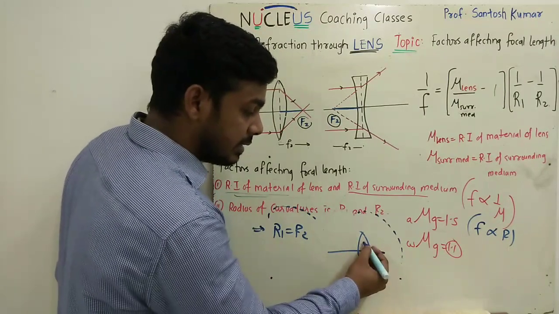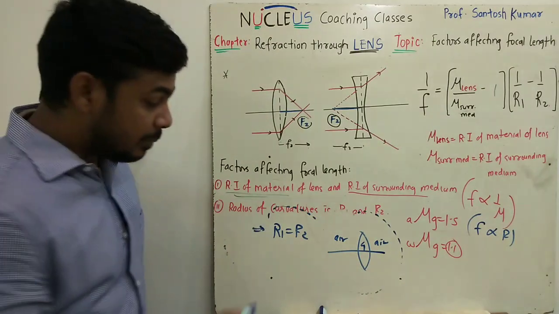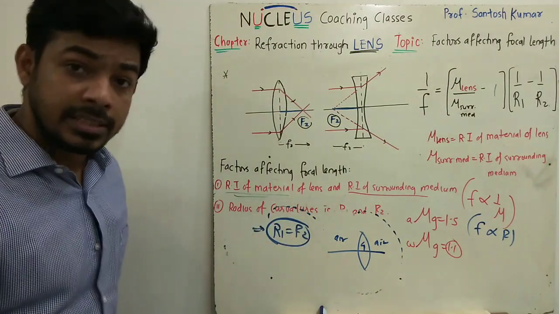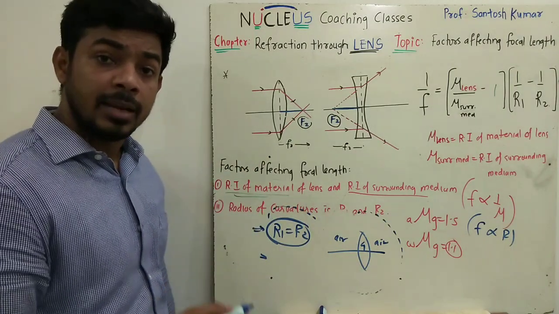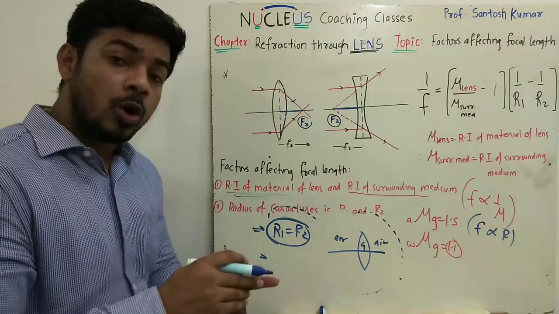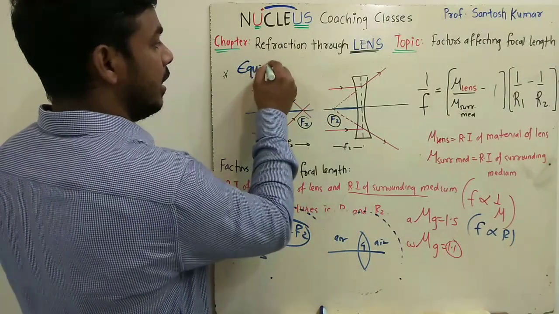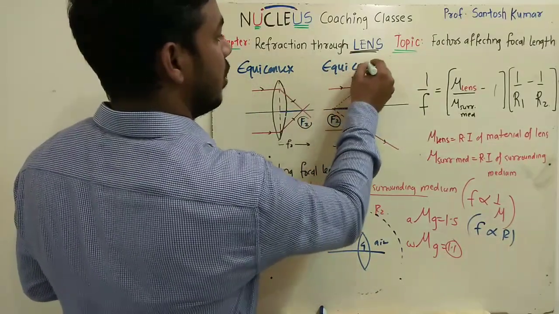That means this is glass, this is air, this is air. If the radius of curvature of both surfaces is the same and the surrounding medium on both sides of the lens is the same, then the double convex or double concave lens will be called an equiconvex or equiconcave lens respectively.